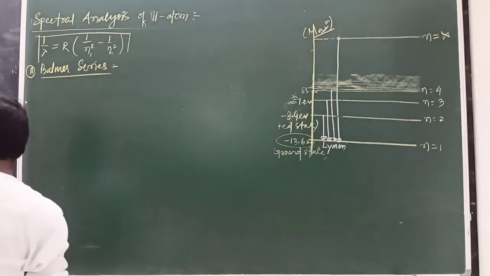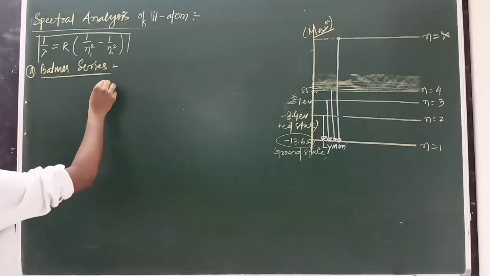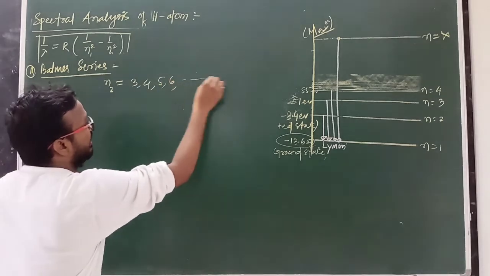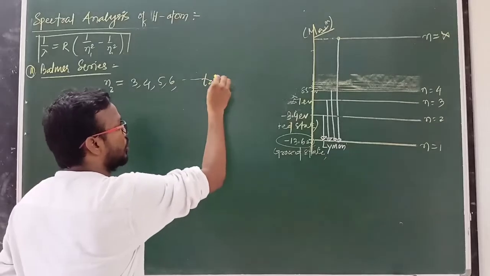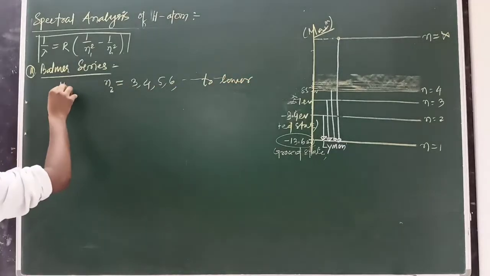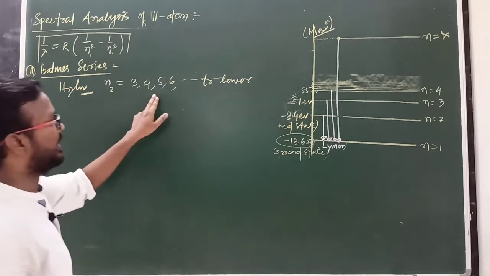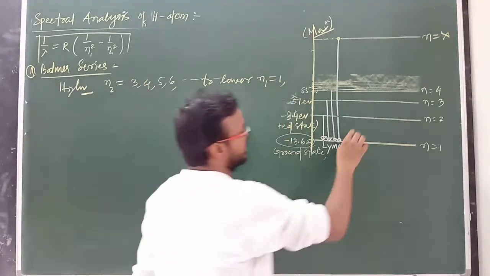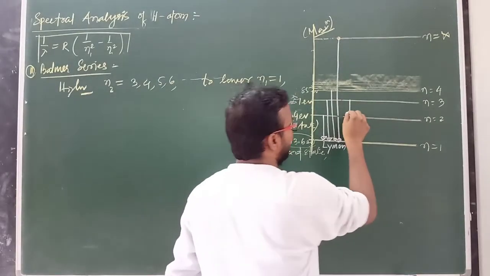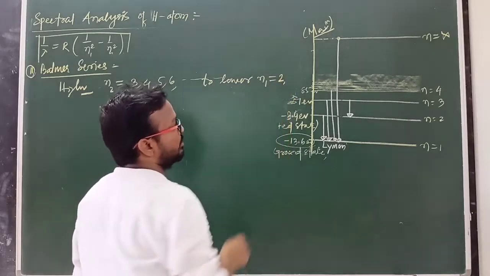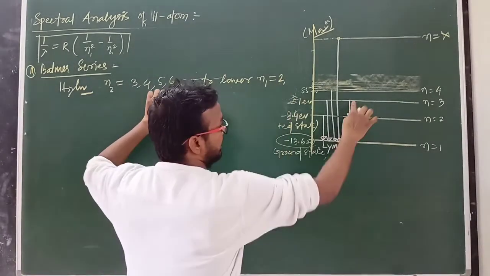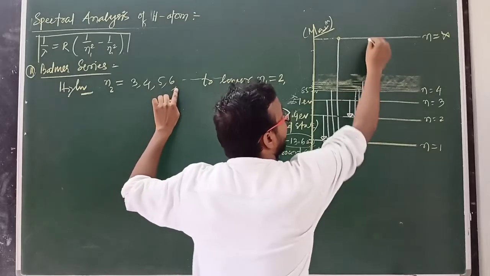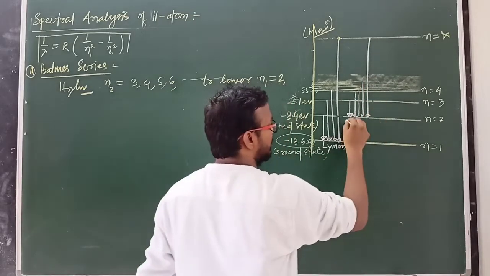So in this case, the transition of an electron is from a higher energy orbit, that is 3, 4, 5, 6 and so on, to a lower energy orbit, N1 equal to 2. So when the electron jumps from the higher energy orbit, 3, 4, 5, 6, to N equal to 2, that is 3 to 2, 4 to 2, 5 to 2, 6 to 2 and infinite to 2, this series is known as Balmer series.